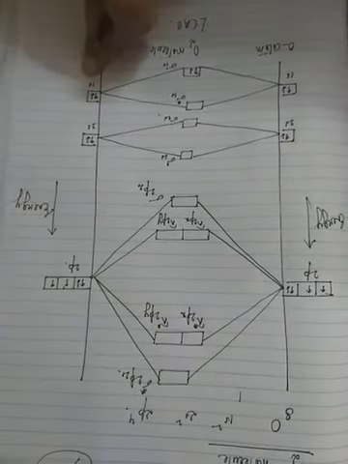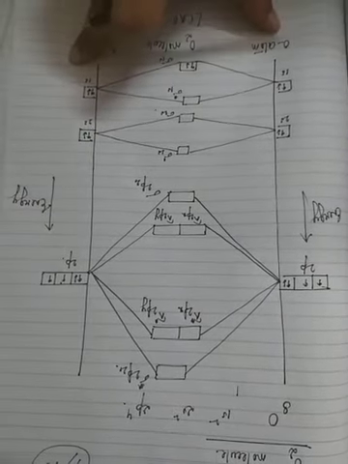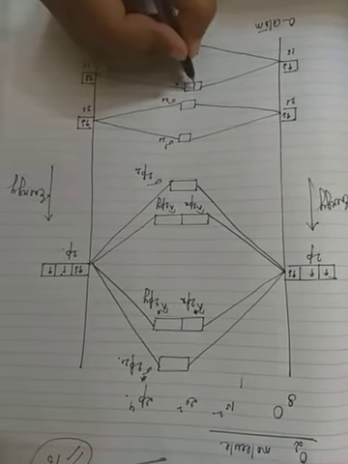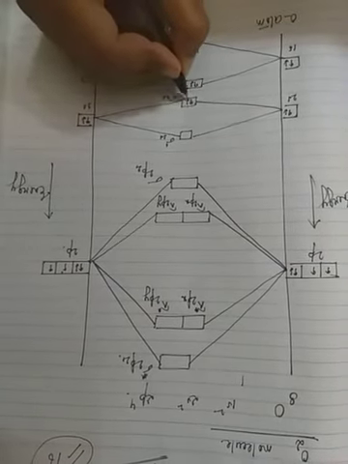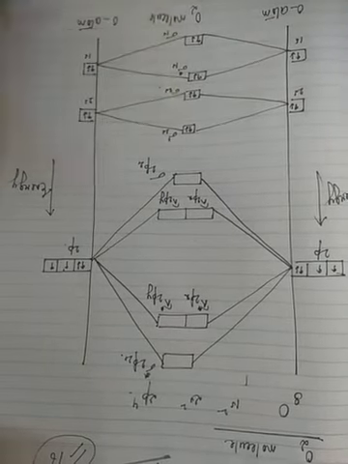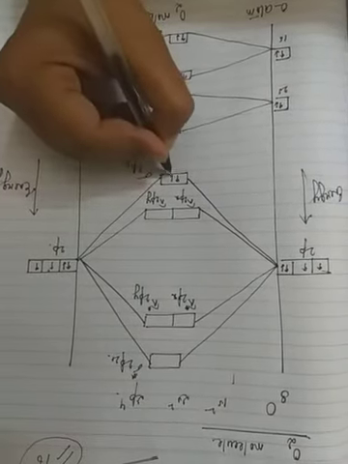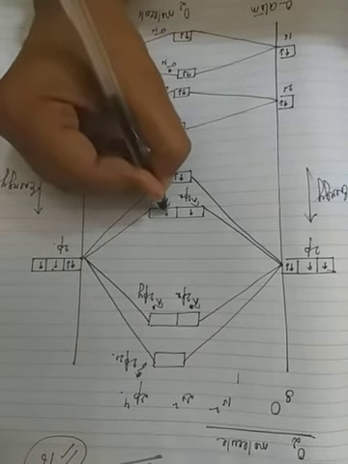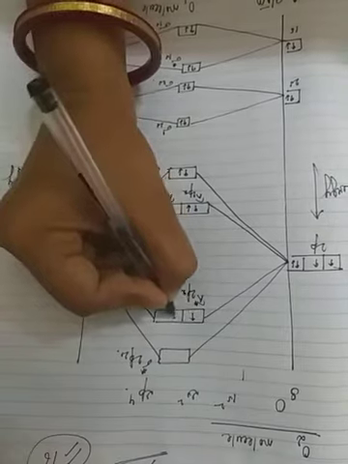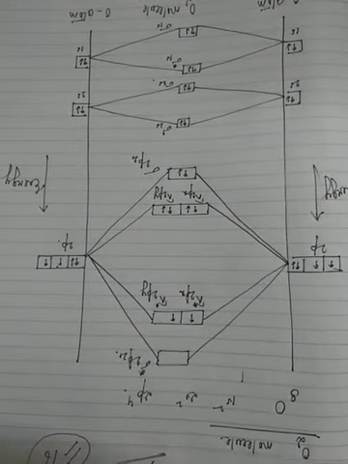One oxygen has 8 electrons, so in O2 we will have 16 electrons. 2, 4, 8, then 2, 4, 6, 8, 9, 10, 11, 12, 13, 14, and in anti-bonding we will have single electrons.